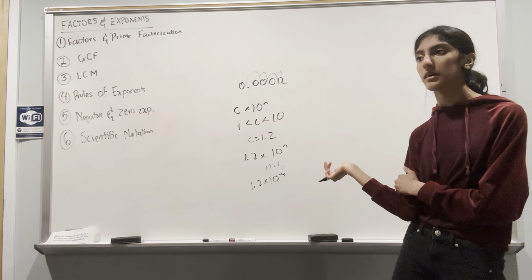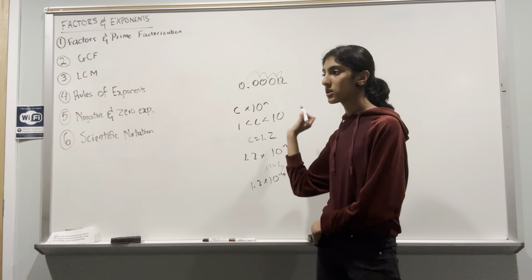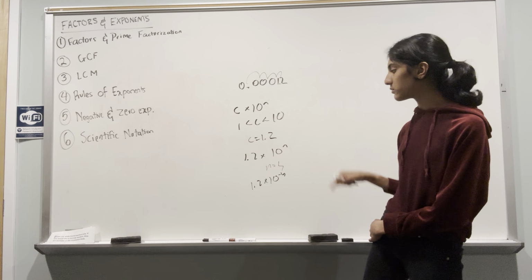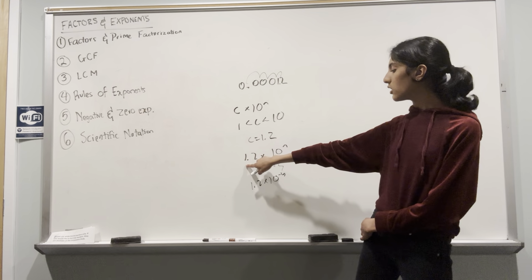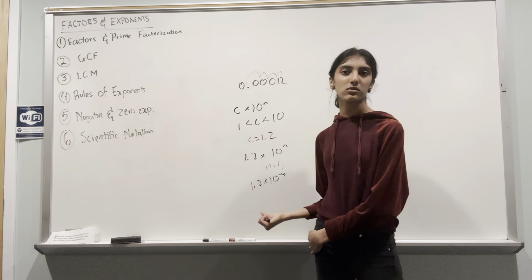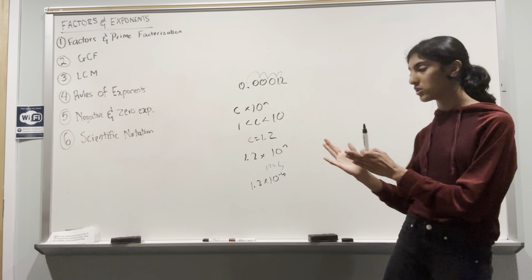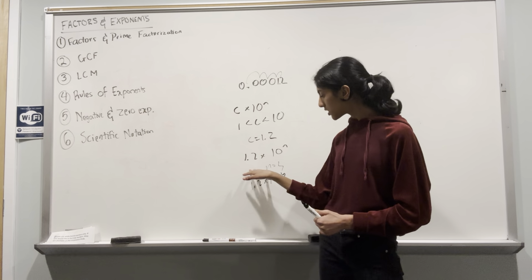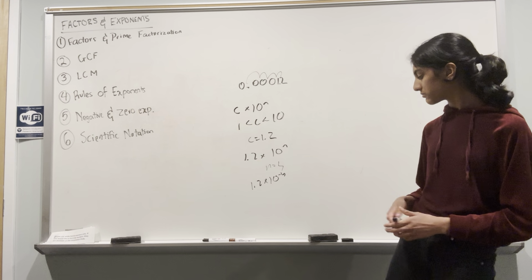But a good way to remember is that if you're making a decimal bigger, when you're moving your decimal over to make it 1.2, for example, from such a small number, it's usually always going to be negative, and whenever you're making a bigger number smaller for scientific notation, it'll be a positive exponent.